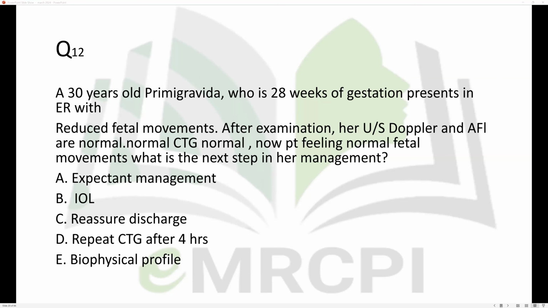This is not a case of induction of labor. This is a case of just normal progress of labor. She's in the latent phase. Cervix is not dilated. Epidural will not affect the dilatation of the cervix.